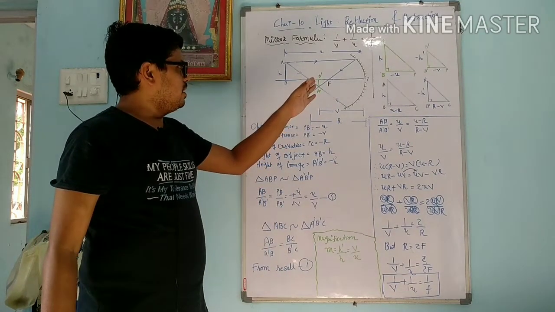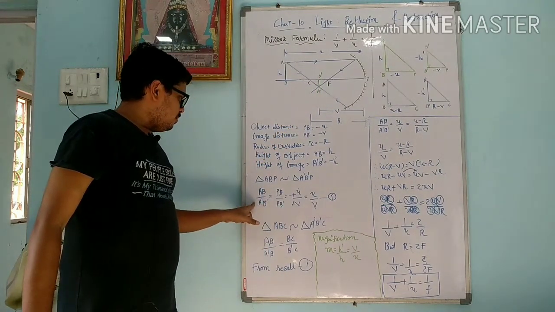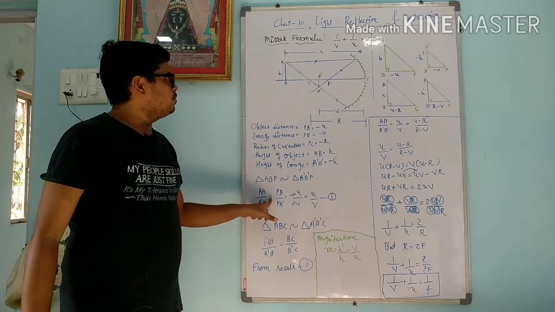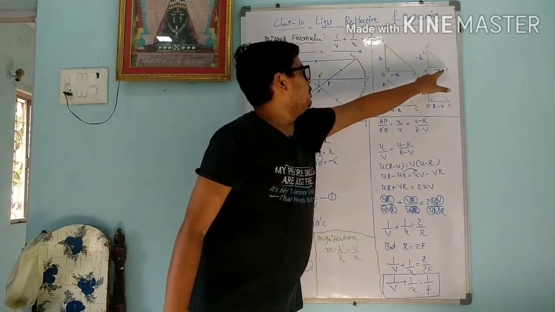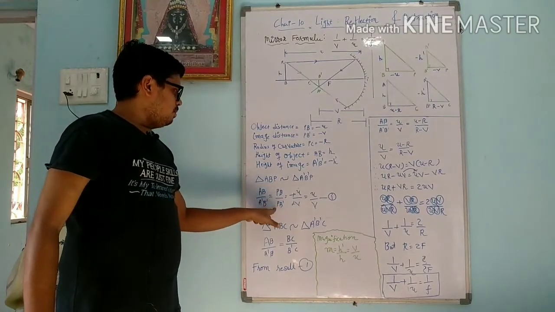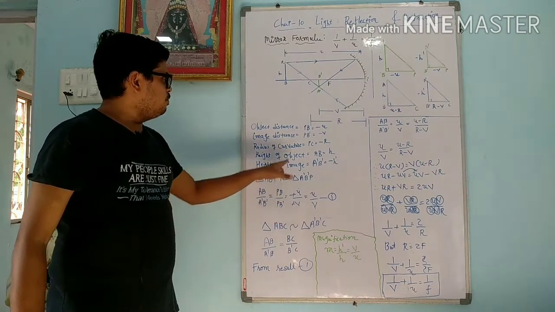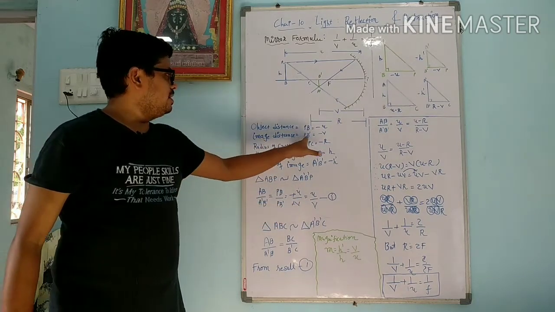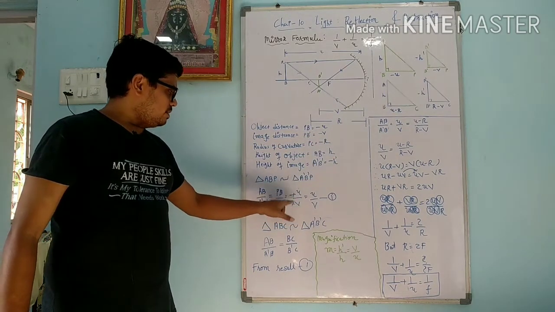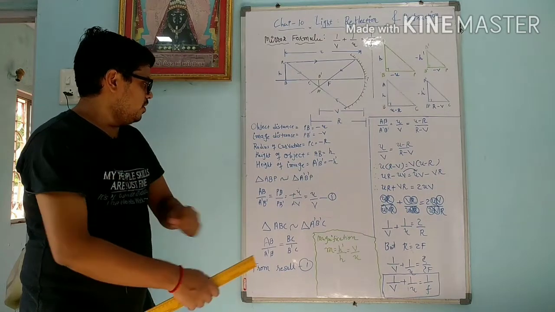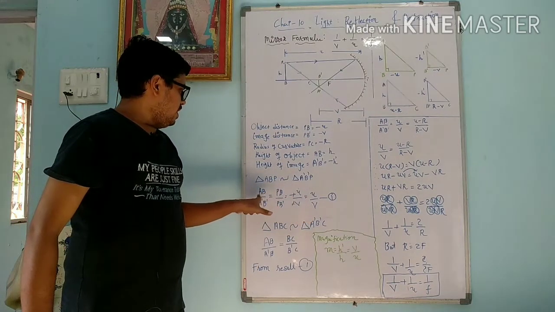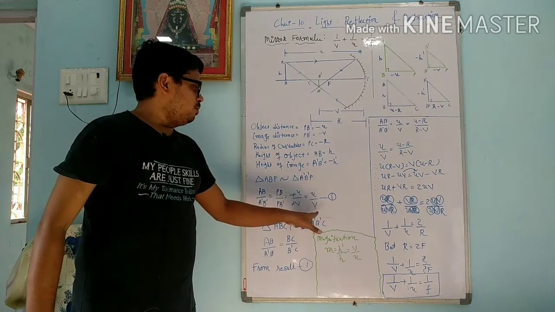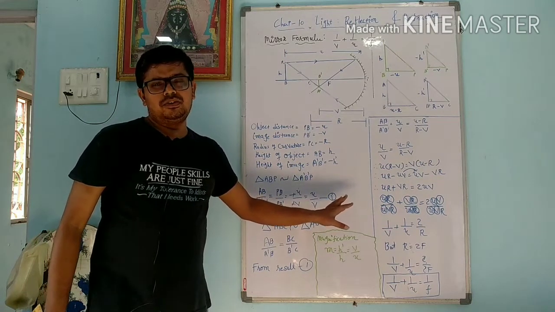As they are similar triangles, we can write AB upon A dash B dash equals PB upon PB dash. We already know PB is the object distance, so we can write minus U, and PB dash is the image distance, so we can write minus V. The minus sign is cancelled, so we can write AB upon A dash B dash equals U upon V. This is result number 1, an important result.